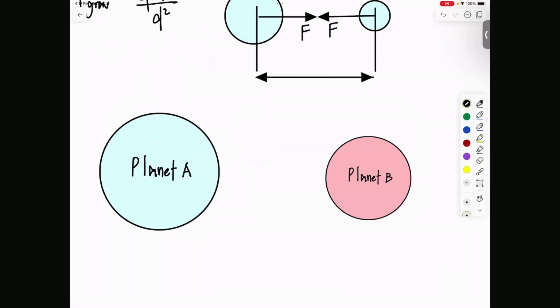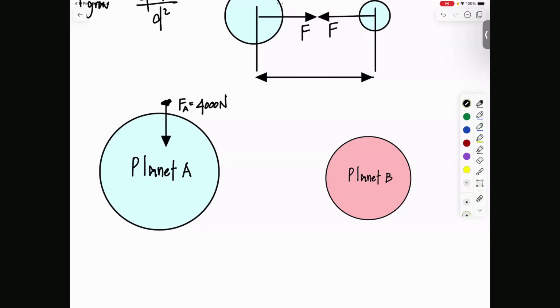Listen carefully, okay? And I want you guys to try to answer this. We have another piece of information, which is there is a mass on planet A. What is it? We do not know. There is a mass here that experiences a force due to the planet, the weight. And that force due to planet A on that mass is 4,000 Newton.